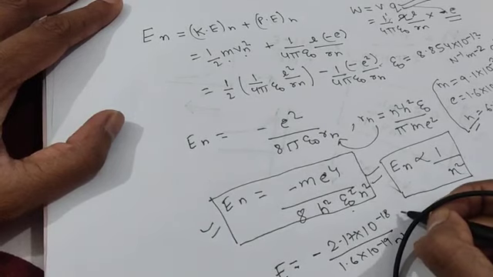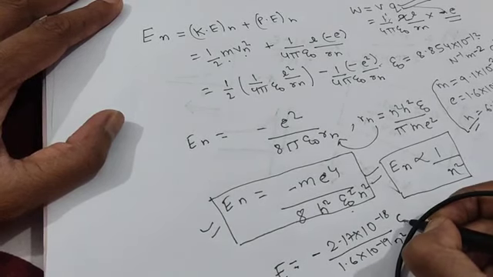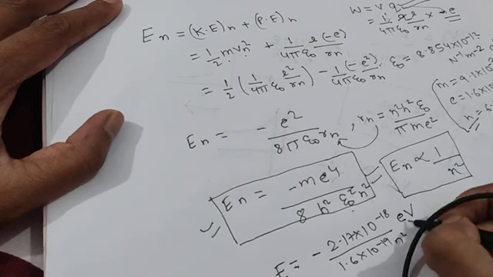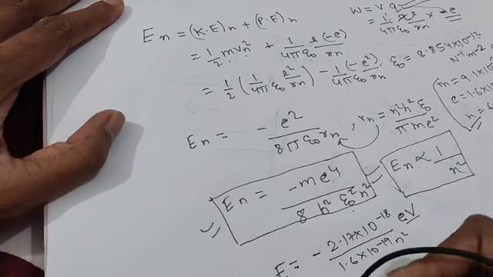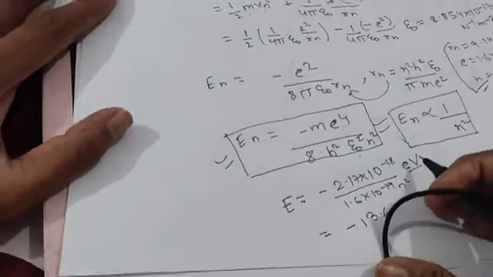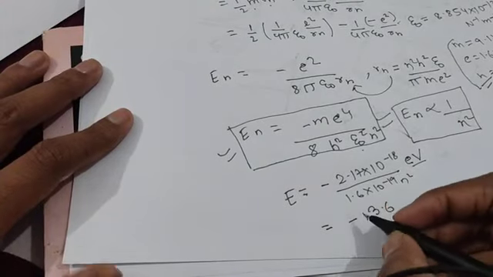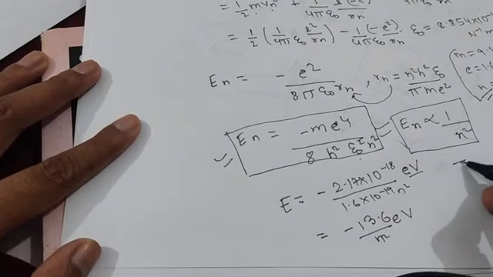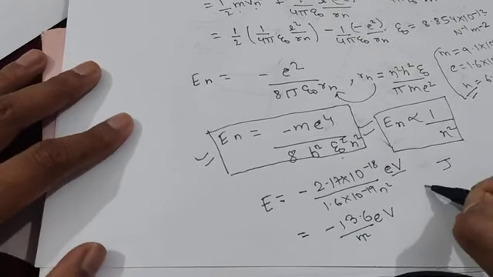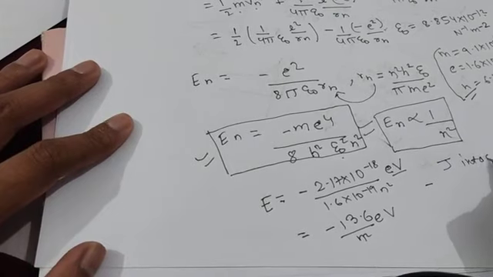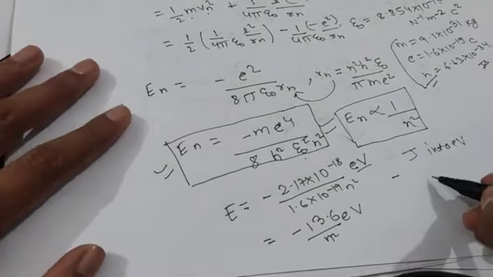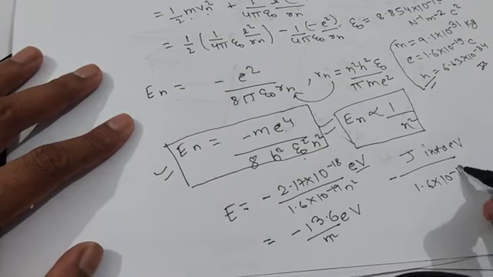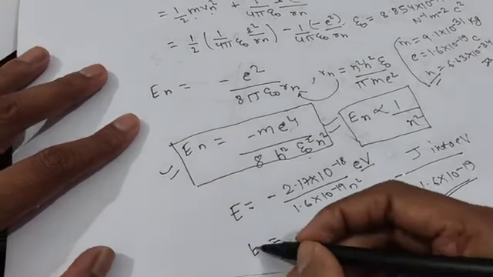And this is in joule. So we need to convert the joule into electron volt, so we divide it by 1.6 into 10 to the power minus 19, and after we solve this, we'll get minus 13.6 by n square in eV. So finally we'll have our E.